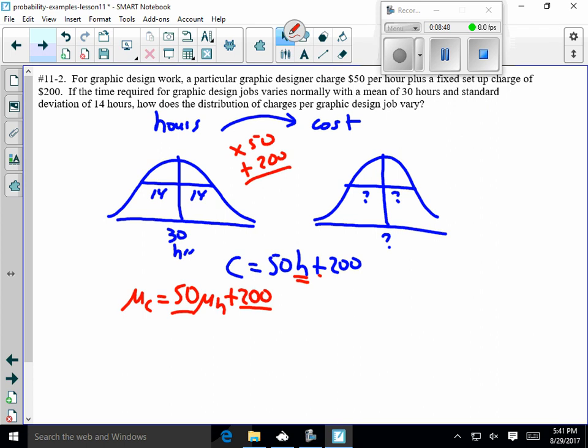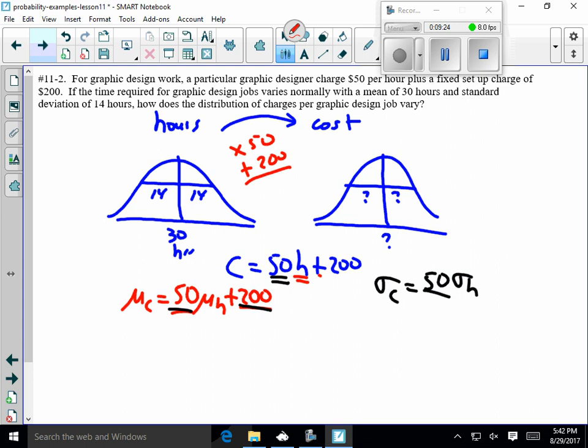But when I compute the variance, or the standard deviation, the standard deviation is affected by the multiplication, but the plus 200, that's a shift, and shifting data does not affect its width, right? So we will have the 50 multiplier for the standard deviation, but the plus 200 will not appear in that formula, right? Multiplication affects both measures of center and measures of spread, but the addition only affects the measure of center.